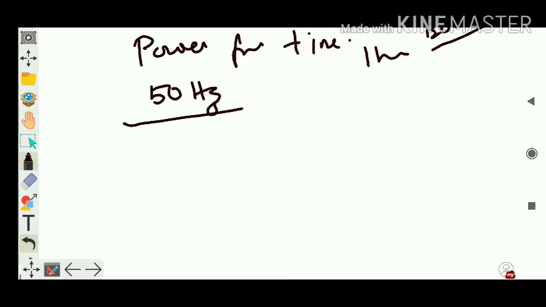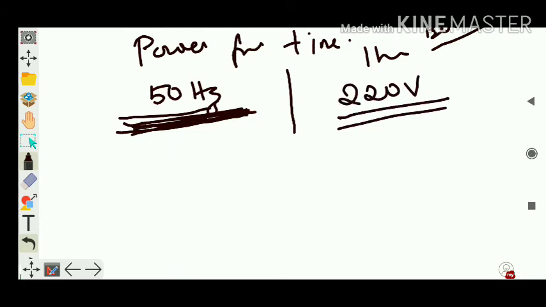Well done, good. So the normal frequency in our supply or home applications is 50 hertz. KSEB provides every home an AC of 50 hertz. Similarly, a voltage of 220 volt, not the 3-phase, so 220 volt and 50 hertz.